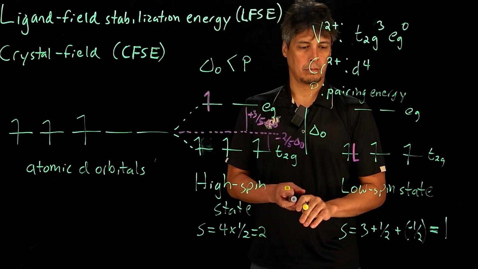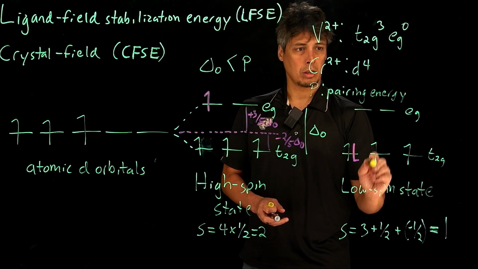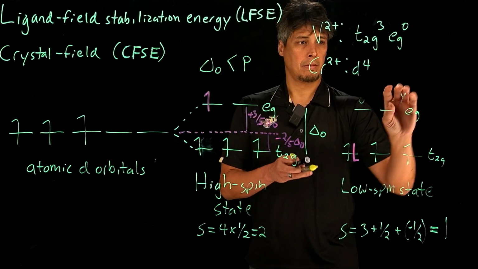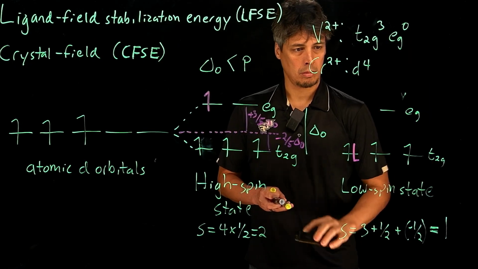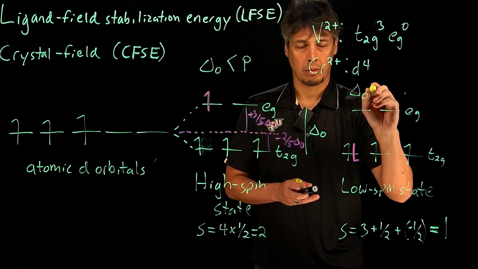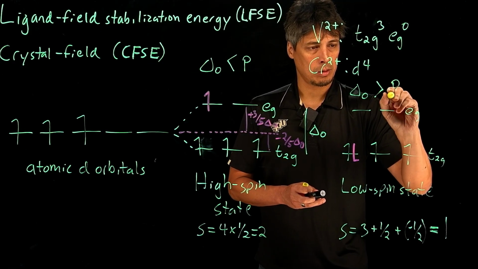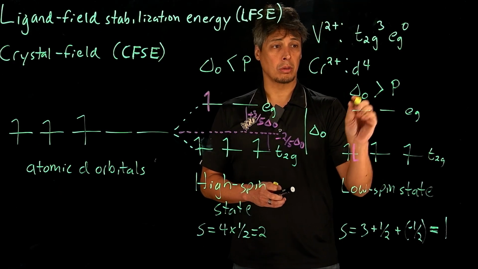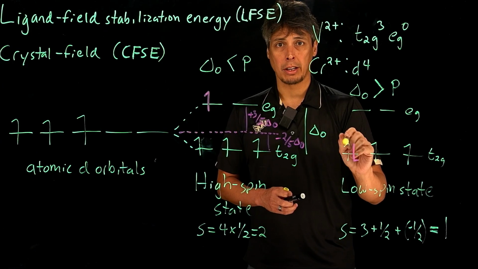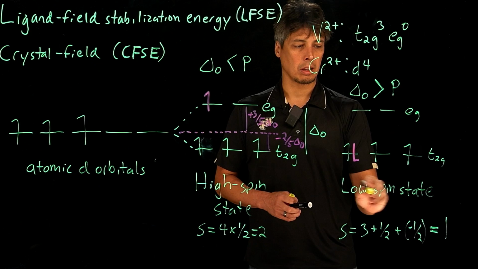Meanwhile, if delta O is greater than P, then it is more favorable to take the penalty of pairing the electron into that filled orbital, and what we end up with is the low spin state.